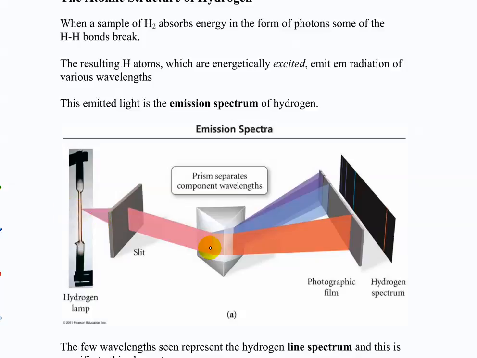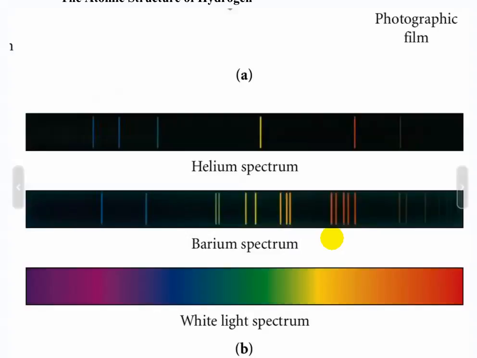You pass that light through a prism, and it splits into different specific lines of light. What's expected when you put light through a prism is this bottom spectrum. You expect to see all the different kinds of light spread across the spectrum.